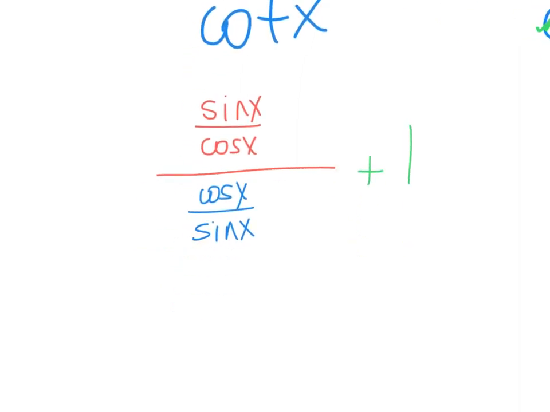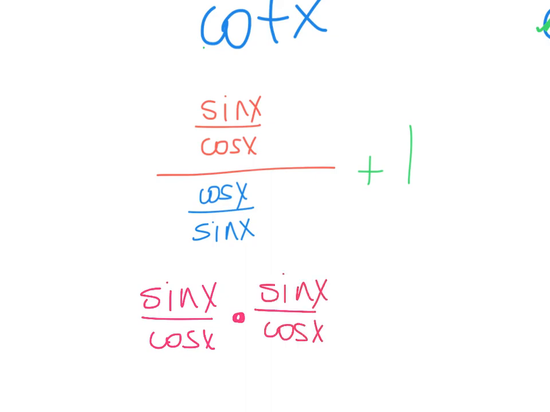So, what did you tell me, Dallas? Keep change flip. Perfect. So, I'm going to keep sine x over cosine x. Change to multiplication. And then when I flip, what do I get? Sine x over cosine of x. And I still have plus 1, right? Okay.